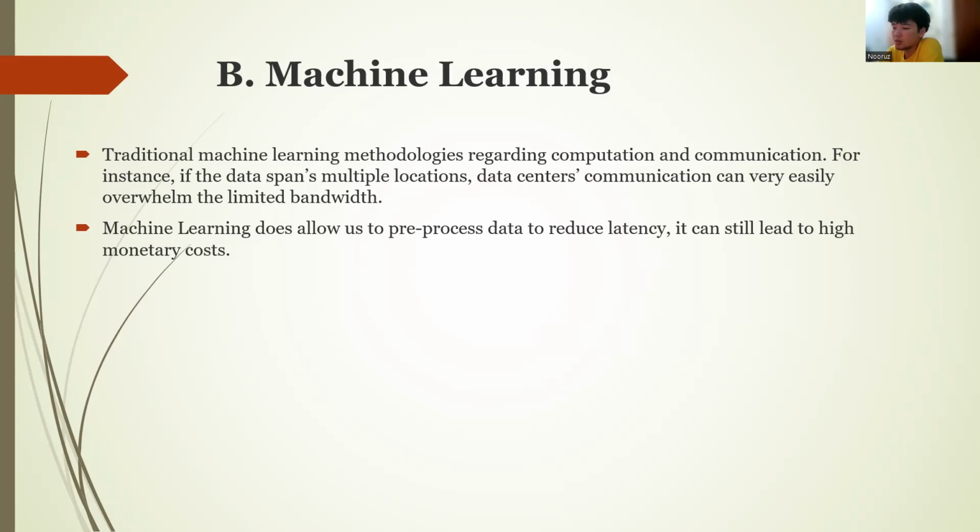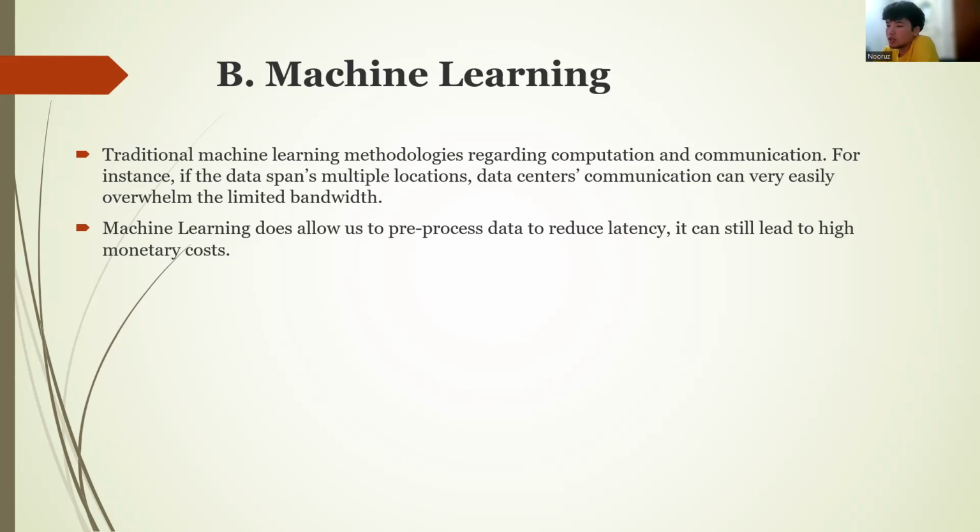This poses problems with traditional machine learning methodologies regarding computation and communication. For instance, if the data spans multiple locations or data centers, communication can very easily overwhelm the limited bandwidth.